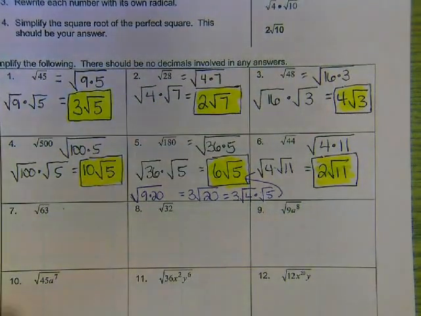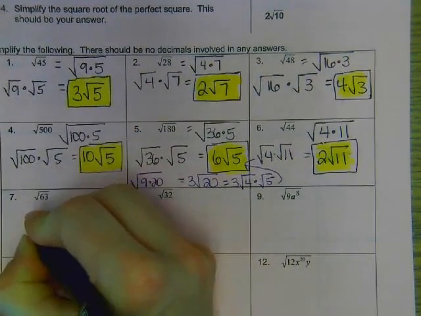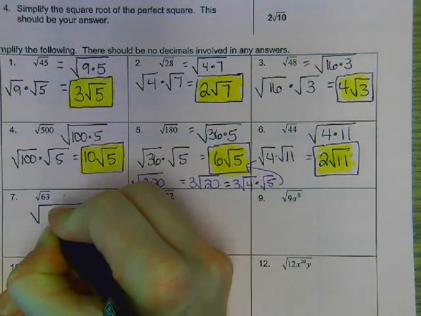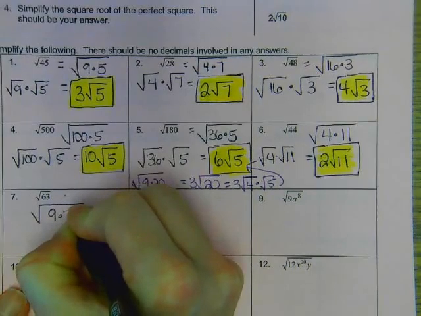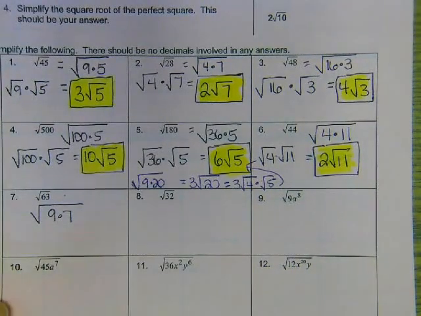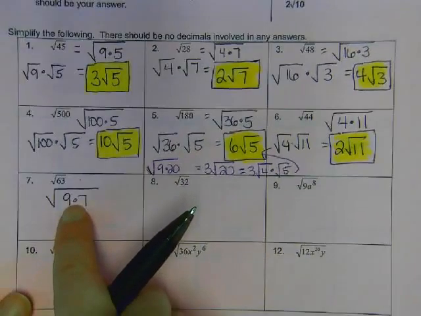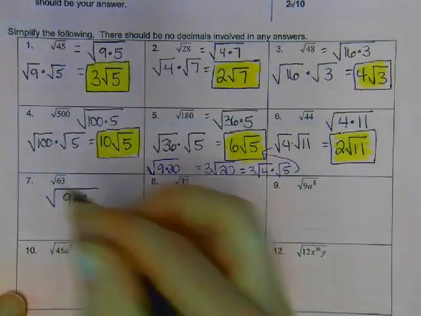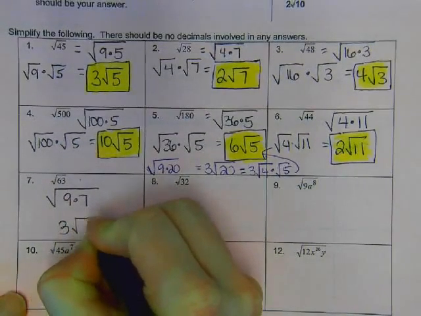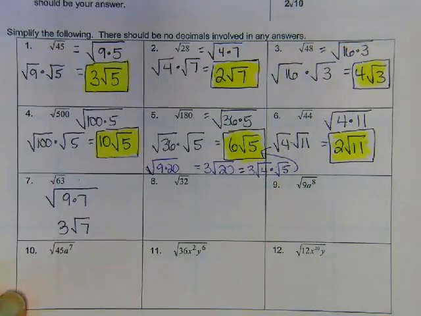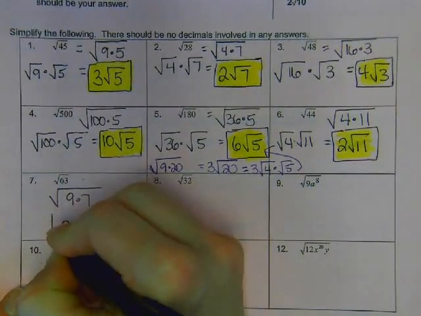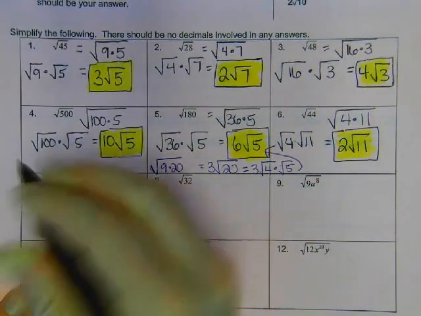Square root of 63, what is that? Right, Audrey? Yep, I write it as the square root of 9 times 7, 3 times root 7. Yes. But is 90 on the perfect square list?